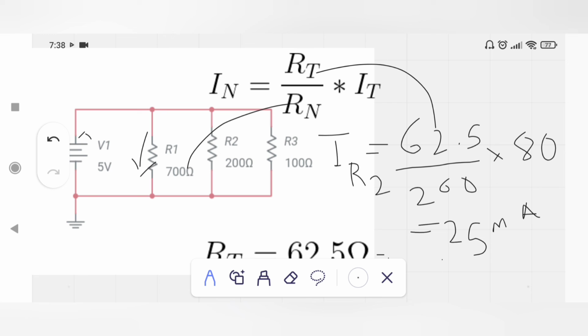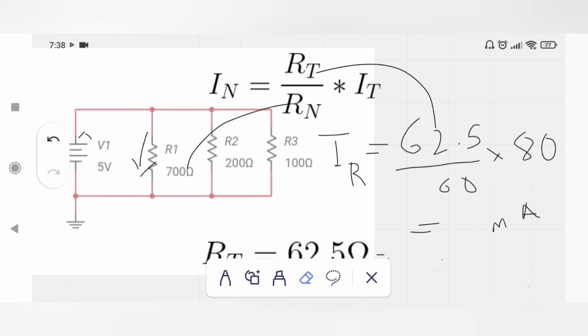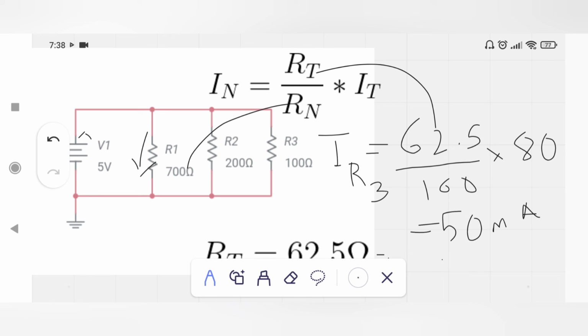Similarly, calculate R3 just by replacing values only. This is IR3, and here 100 ohm, and it is calculated as 50 milliampere.